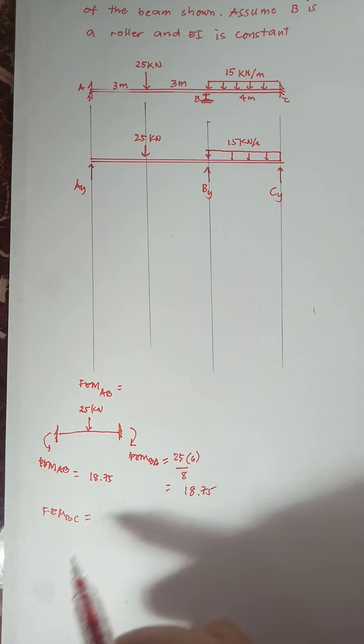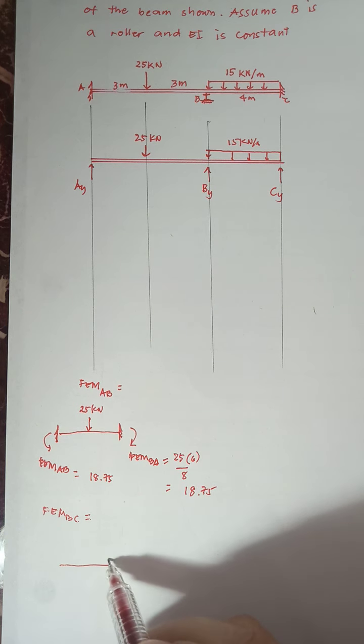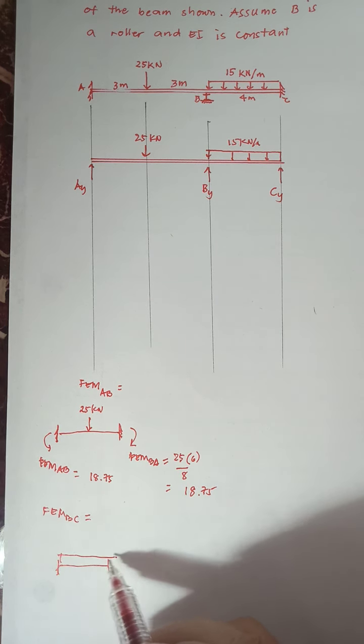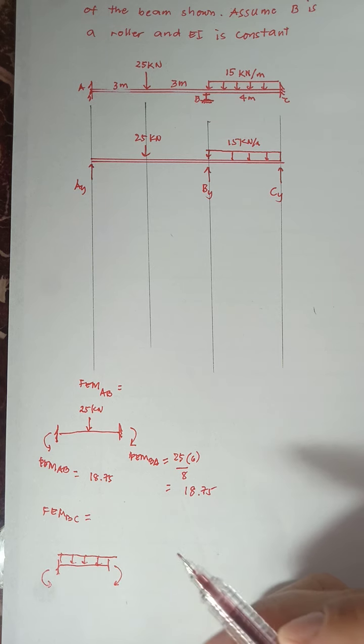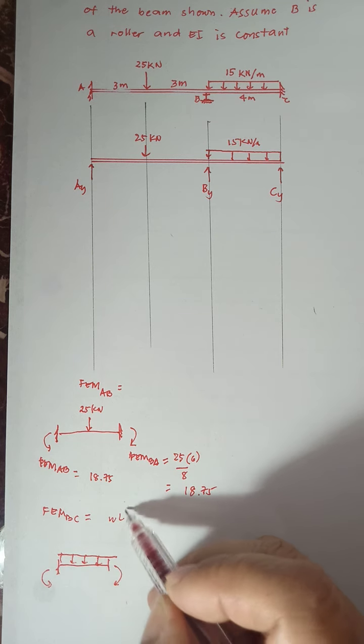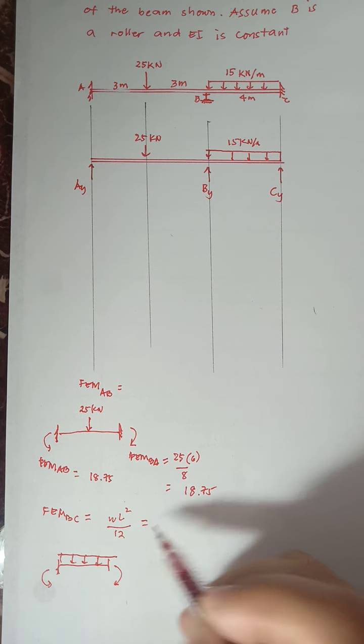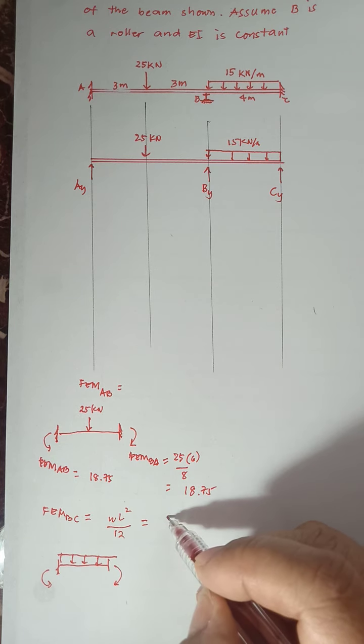So imo sa ipang fixed end ang BC. So may mo na ni siya diyang fixed ended beam. So unsa man iyang end moment from our formula, that would be WL squared over 12 equal to 15.